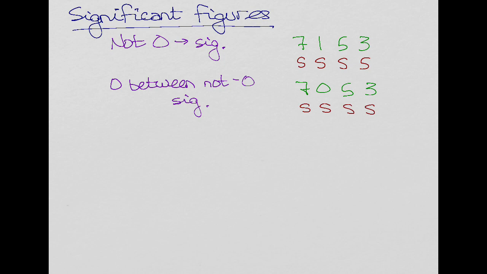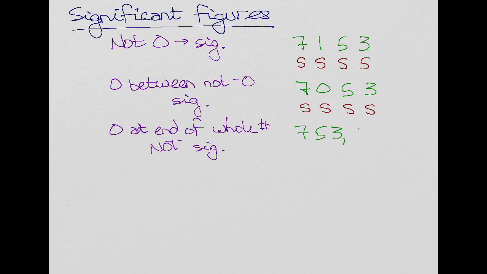If I have a whole number and I have zeros at the end of it, those zeros are not significant. So for example, if I have the number 753,000, those first three digits are significant because they're not zero.